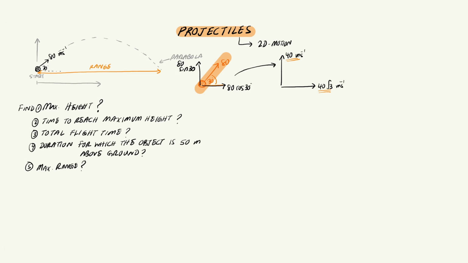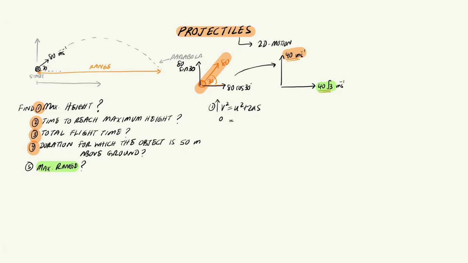Let's work through our first 4 questions, and you'll notice they're solved exactly the way we solved them in motion upwards, just using our new vertical component of 40 instead of the original 80. For maximum height, we use v squared equals u squared plus 2as, applied vertically upward. At maximum height, final velocity is 0.